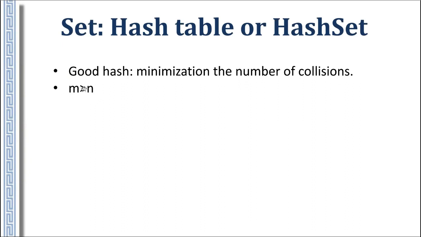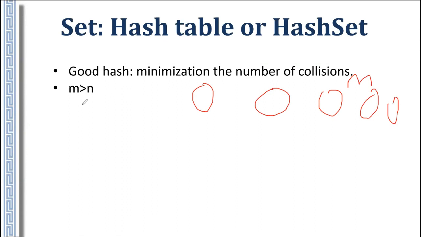So firstly, we should have m bigger than n, because if we have m smaller than n, by the pigeonhole principle we have collisions anyway. It is like we have several pigeonholes, it is m, and we have values that are pigeons. Each of them comes to some pigeonhole.